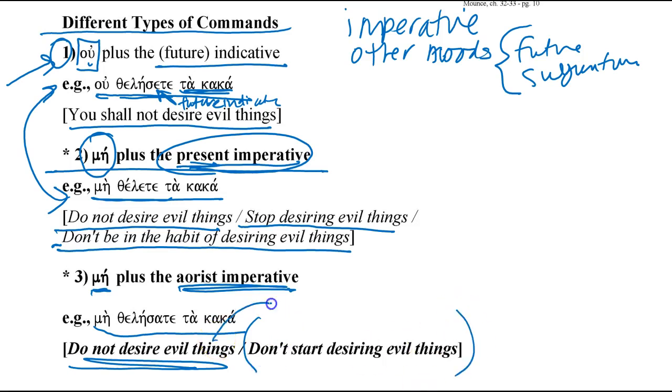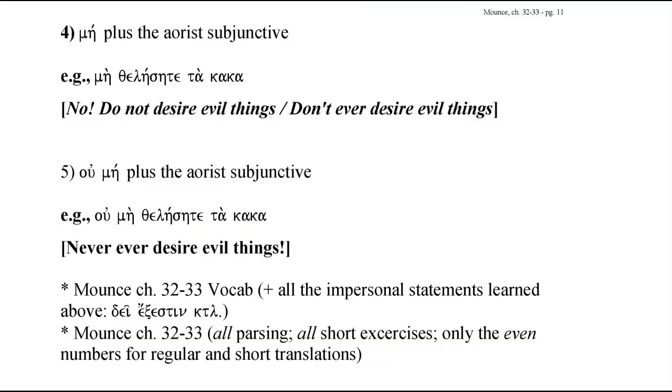And so you can also translate this as don't start desiring evil things. Don't even begin. Me thelasete, if you use the aorist imperative, can infer whatever you're prohibiting hasn't started yet, and you're telling them don't even start.